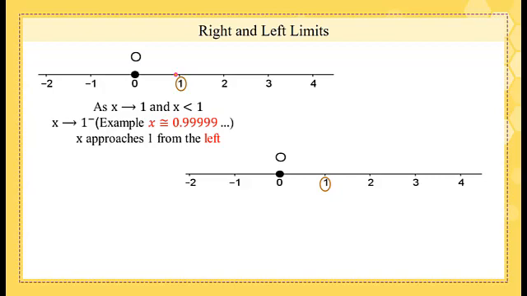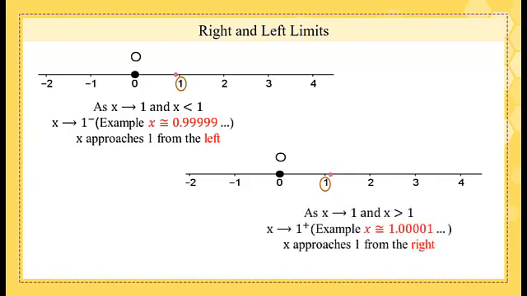But when we say that a number is approaching 1 from the right, as x tends to 1 where x is greater than 1, we use the symbol x tends to 1 plus, and x here is 1.0001. We say x approaches 1 from the right.